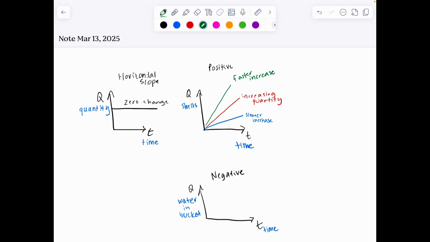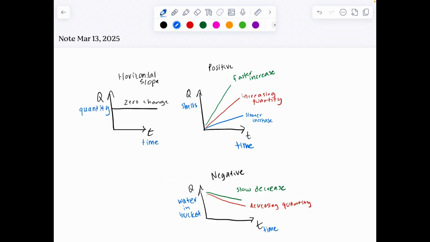And so because I have this little crack, I have a slow decrease of the water that's in my bucket because it's slowly dripping out of there. And then if my kid sits on the bucket and makes the crack even larger, I'm going to have a further decreasing quantity because that water is going to leave my bucket even faster.